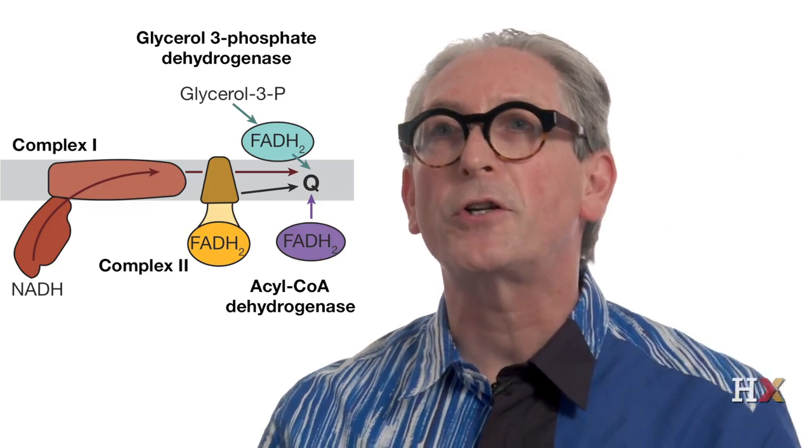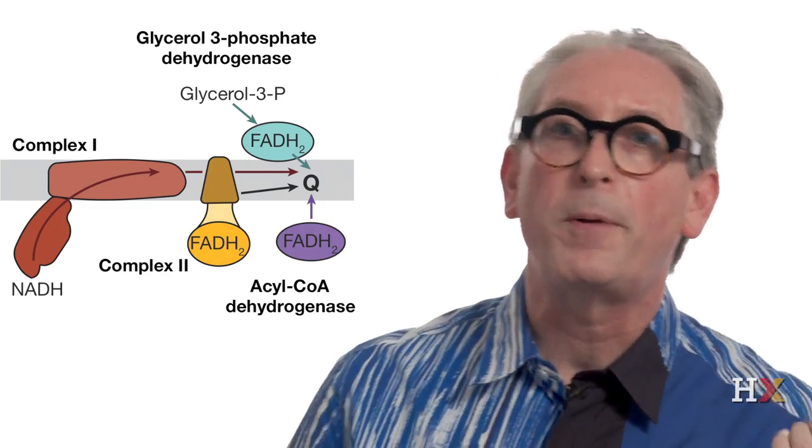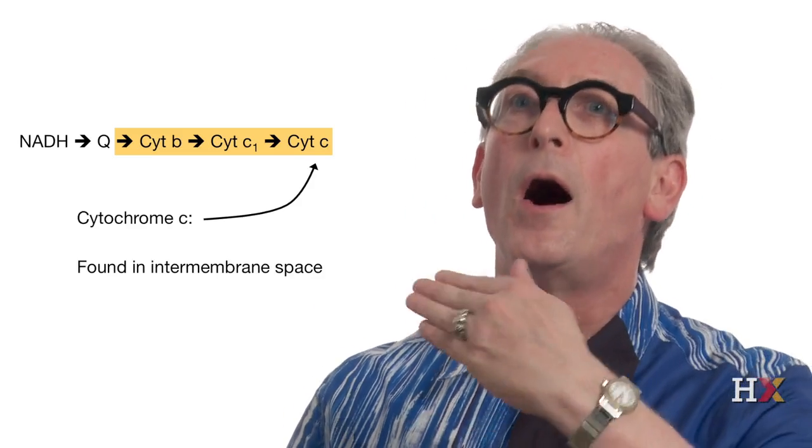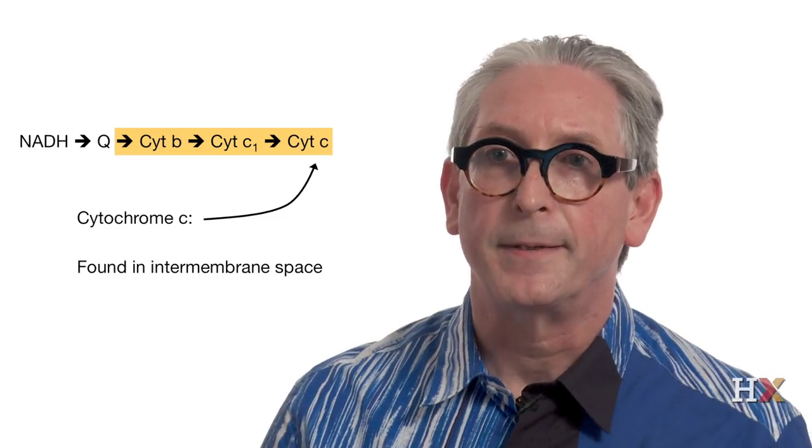Now, what is the structure and the function of complex 3? So first, the function of complex 3 is the transfer of electrons from ubiquinol, QH2, to cytochrome C, which is attached to the surface of the inner membrane of the mitochondria on the intermembrane side.